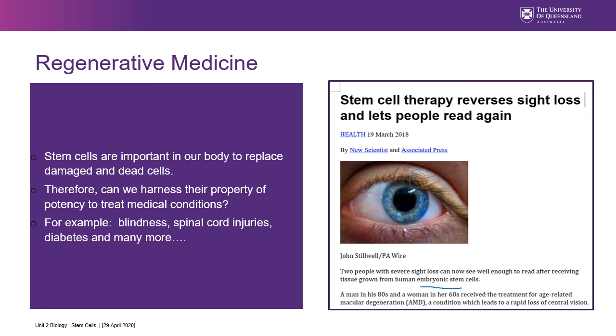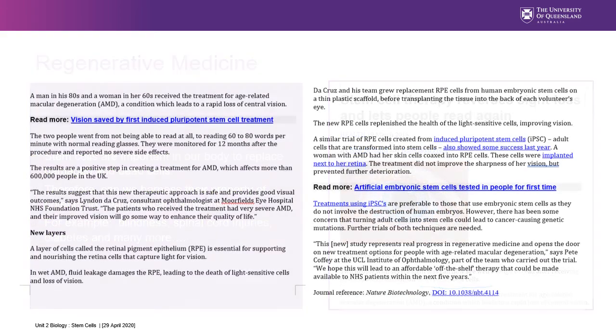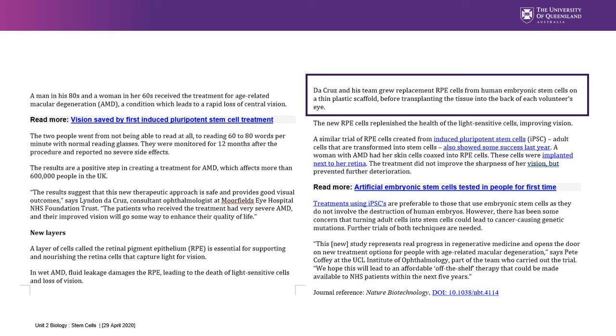That's it, embryonic stem cells. Feel free to pause this here to read some details. You can see here that they used embryonic stem cells to grow up replacement tissue to give the patients and restore their eyesight.